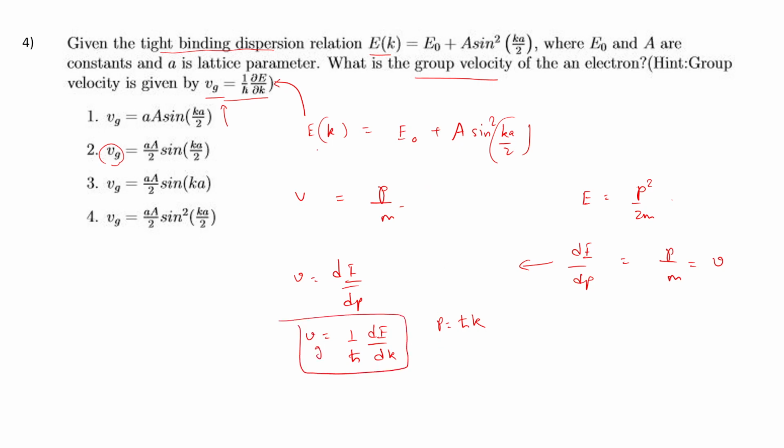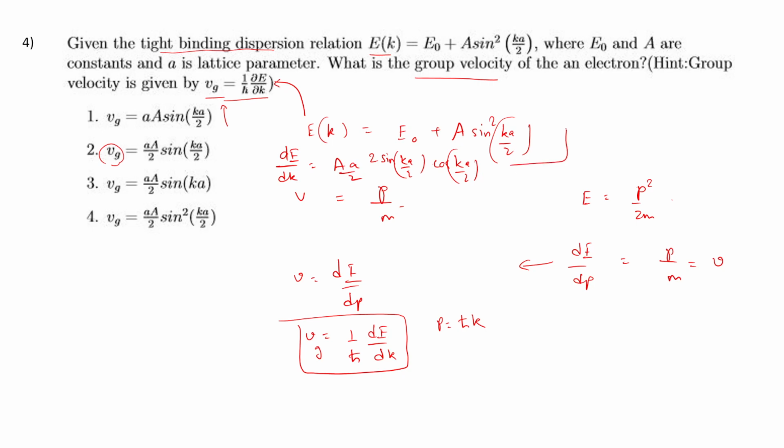Now you just do the derivative. dE over dk: E naught is a constant, so it goes away. So 2 sine k a over 2 into cos k a over 2, into a by 2.